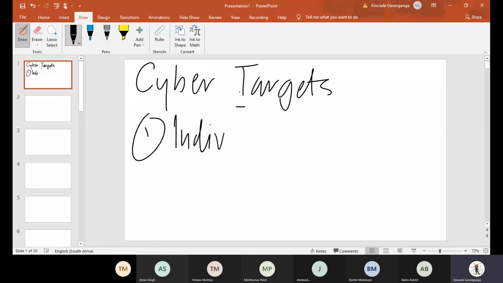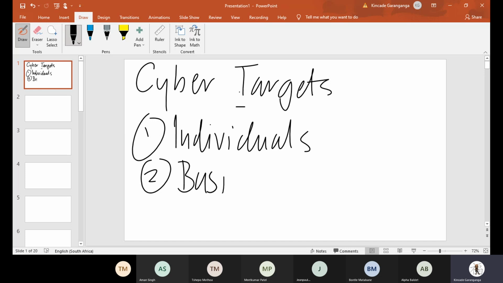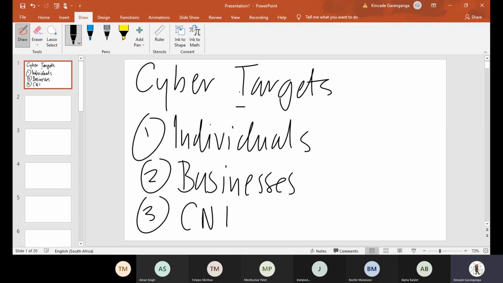So individuals. You'll also want to look at businesses, naturally. You also want to take into consideration CNI, which is normally associated with the term critical national infrastructure.